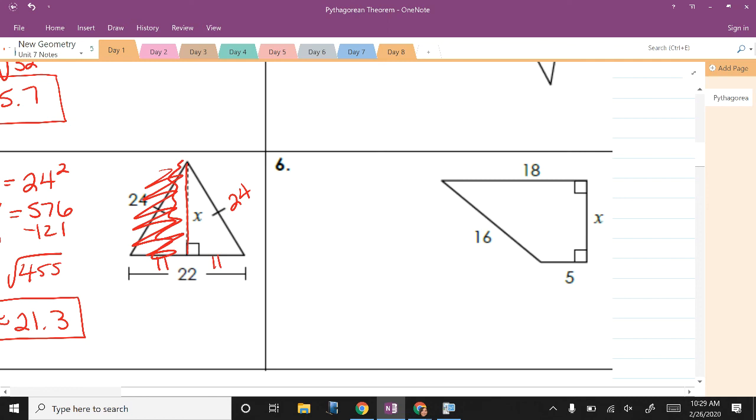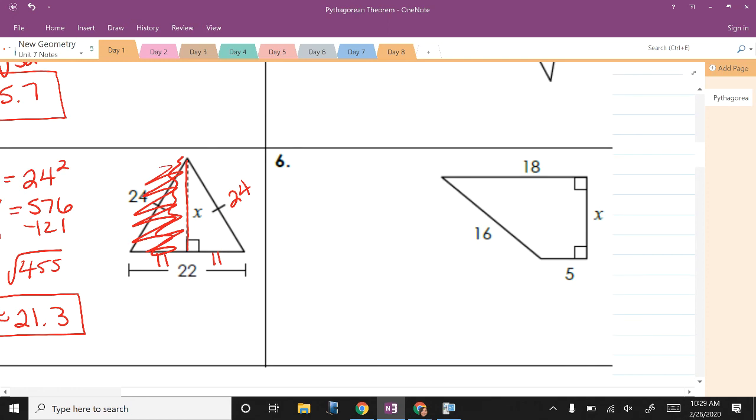Okay, I need a right triangle somewhere, right? How can I make a right triangle here? Cut it from that top right angle. Oh, so I can make a rectangle here, right? So you're right. Because if this is a rectangle, so these are all 90-degree angles, right?